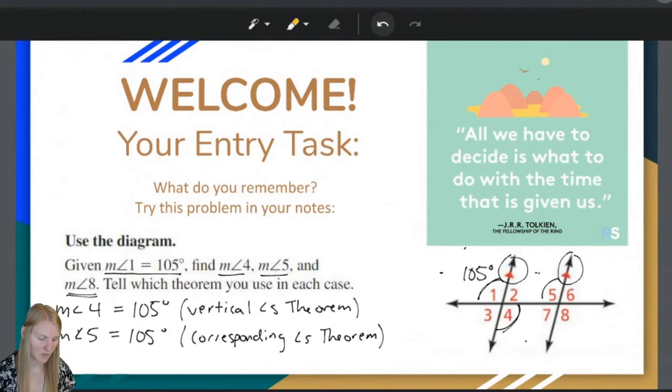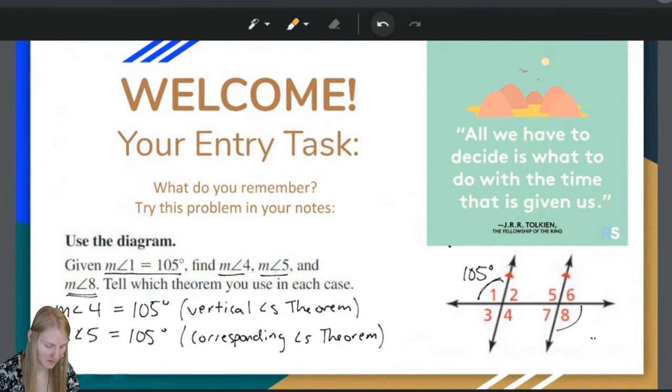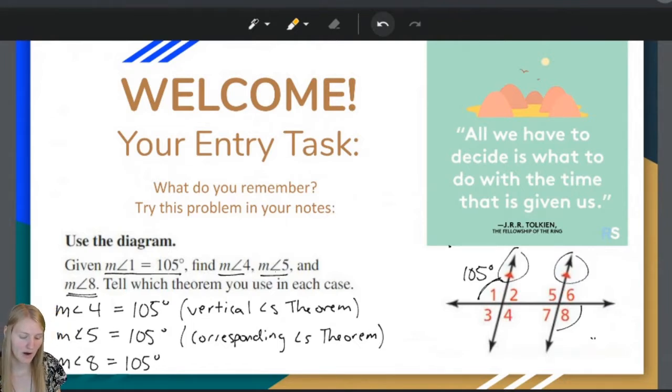Okay, lastly, it wanted us to find the measure of angle 8. My diagram's getting a little messy, so I'll erase it. The measure of angle 8. Oh, look at this. Alternate exterior angles. So that means the measure of angle 8 is also 105 degrees because these lines are parallel.